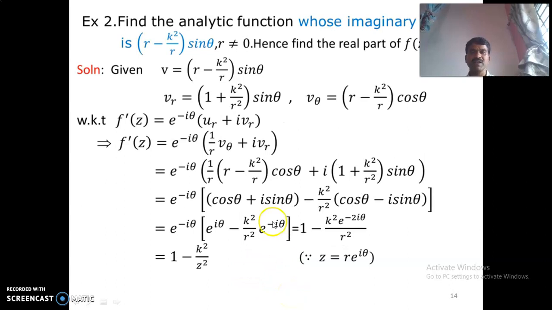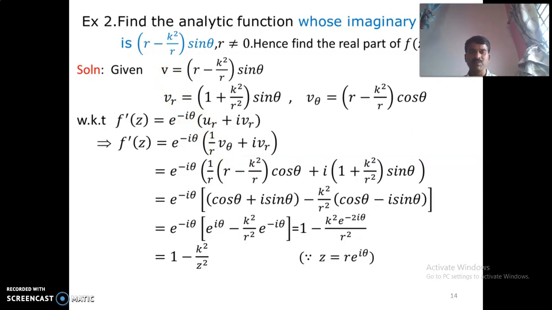And similarly, suppose the imaginary part is given, in polar form. You can differentiate v with respect to r and theta, and take the derivative relation f dash z in terms of polar coordinates u_r and v_r. Also you can change u_r in terms of v_theta, because only the imaginary part v is given.